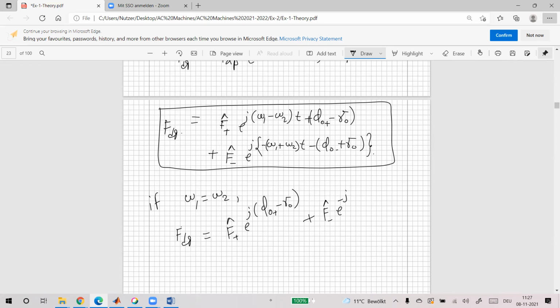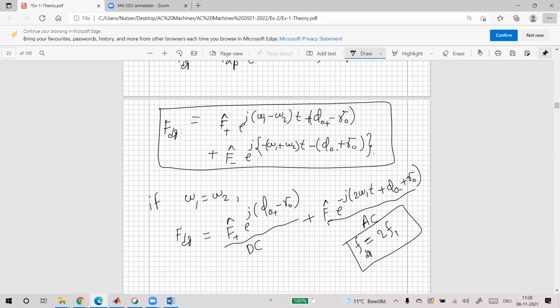I'll take the minus common, so it becomes 2 omega 1 t plus phi naught. So you see your positive sequence has become DC. This is the DC, and this is your AC. And what's the frequency? It's double the frequency. So let's say the DQ frequency is double the positive sequence frequency.